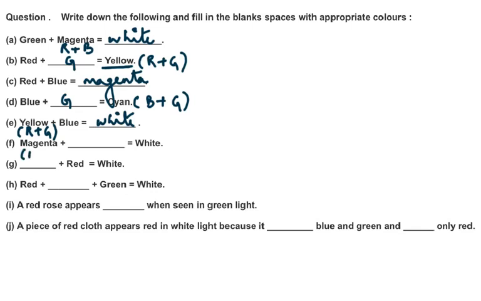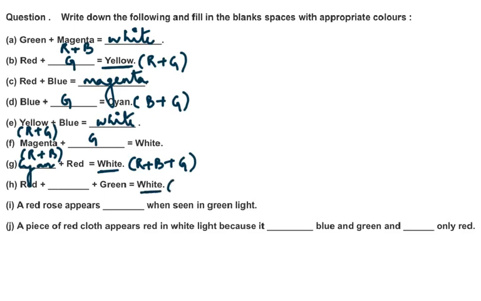Magenta. Magenta is a combination of red and blue, and we want white. That means we need to add green. Okay. Now we want white. White means red plus blue plus green. We have red, so we need to add blue plus green. Blue plus green is cyan.